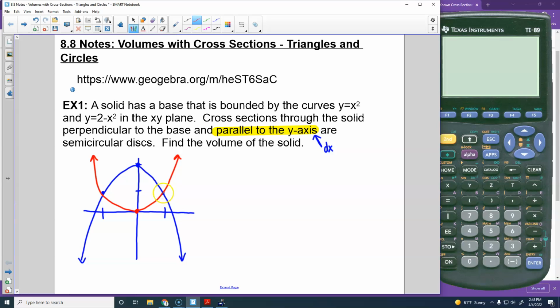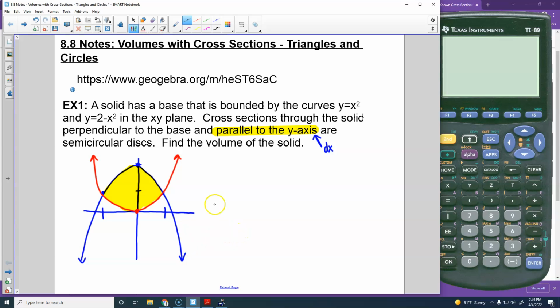You'll have those intersection points at (1, 1) and at (-1, 1). This area right here is our base.